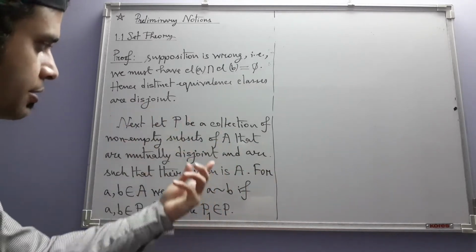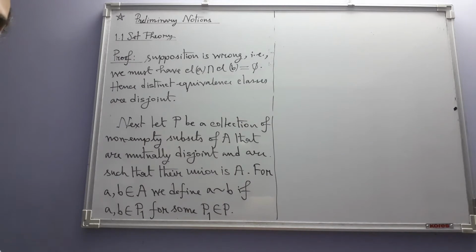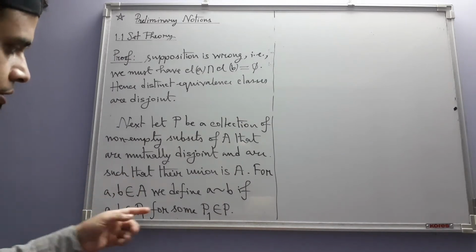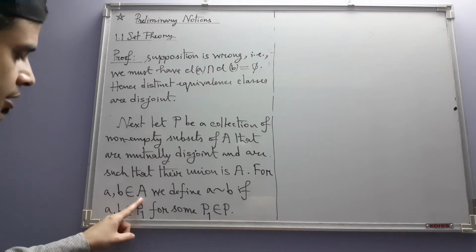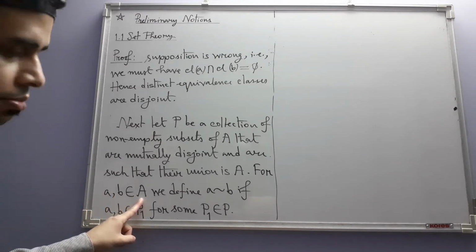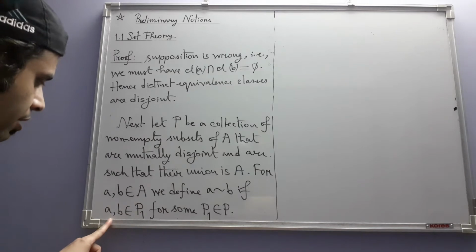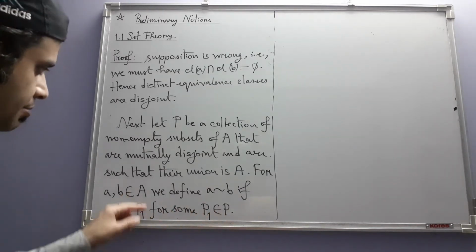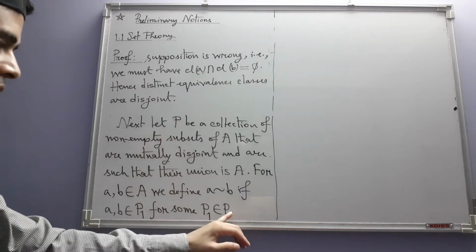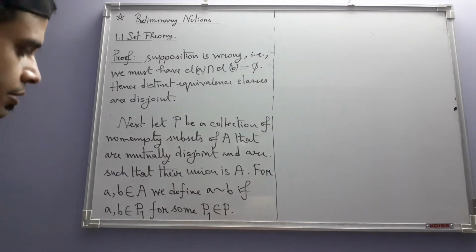They are subsets of A. Each one is non-empty. They are mutually disjoint and their union is A. So we are saying that two elements in A are defined to be related if they belong to the same set in P. That is the same subset of A that is there in P as an element.